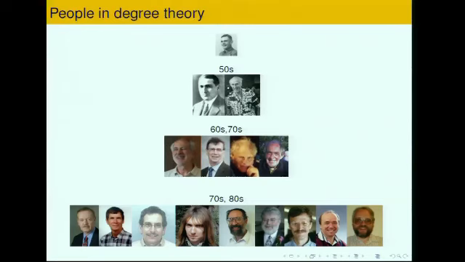In the 60s and 70s, some major techniques were introduced, for example by Gerald Sacks and Lachlan, which made the subject quite technical. By the 70s, it had developed into a quite technical, esoteric subject.